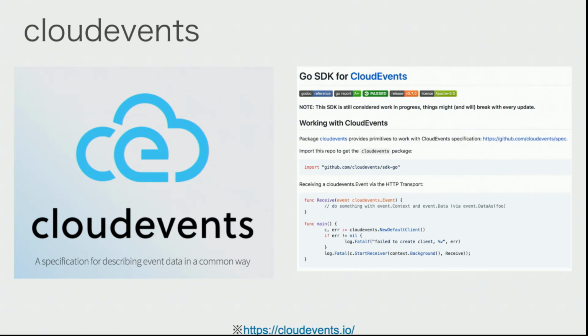It provides interoperability across services, platforms, and systems. And this is not only a specification, but it also provides SDKs. The SDKs are developed by many people as OSS. This helps ensure interoperability.